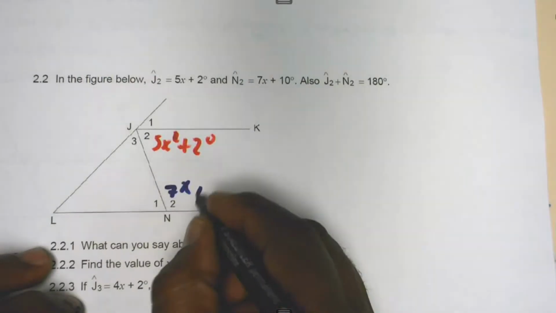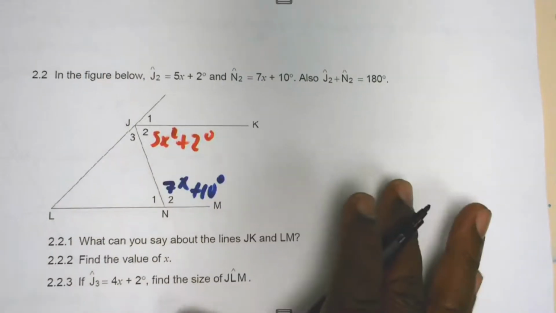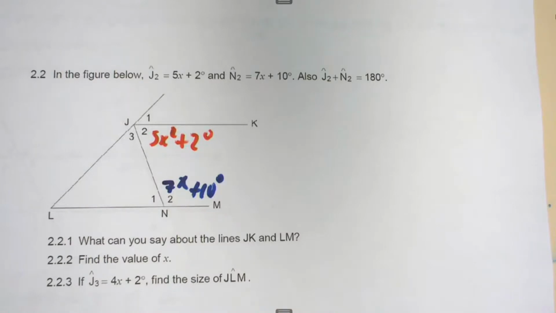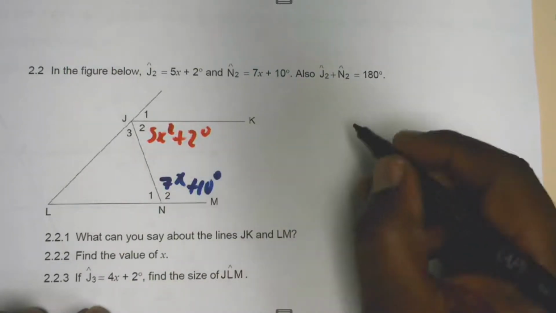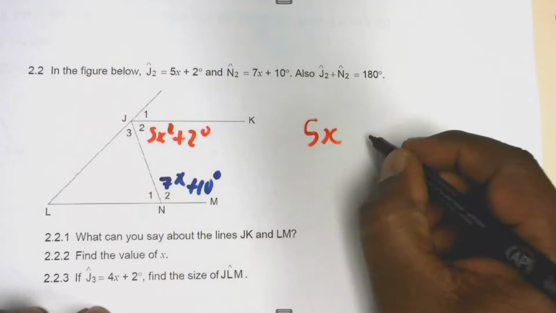Write it so that it's nearer. We are also told that J2 plus N2 is equal to 180. What is J2? J2 is 5x plus 2 degrees.